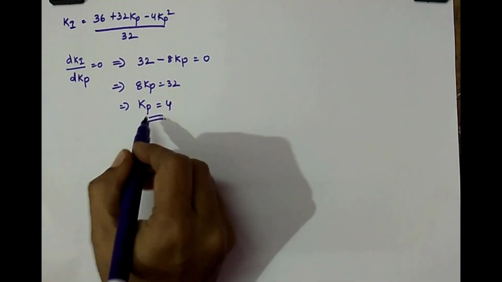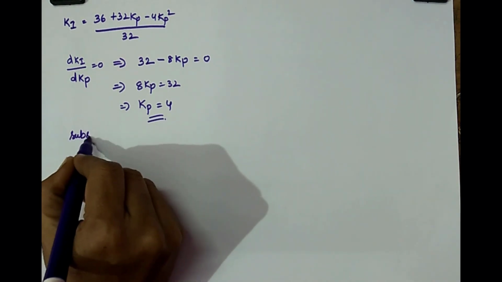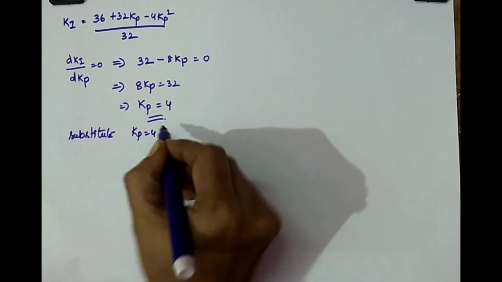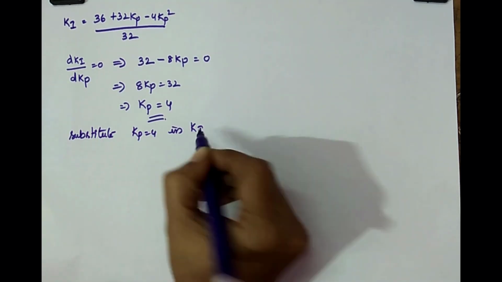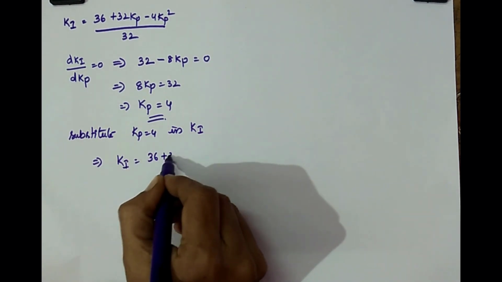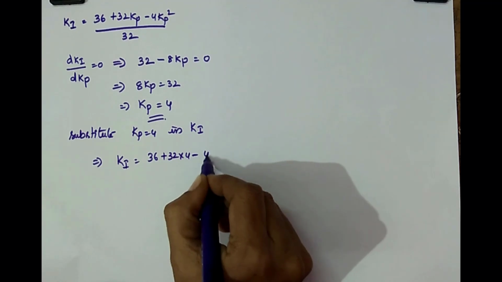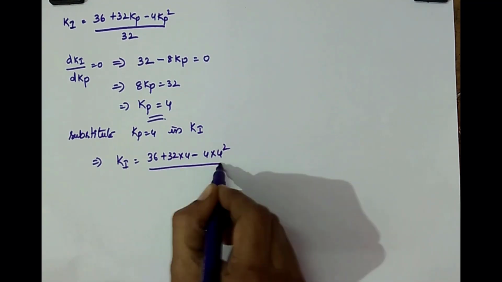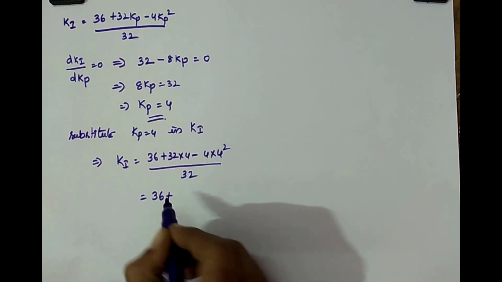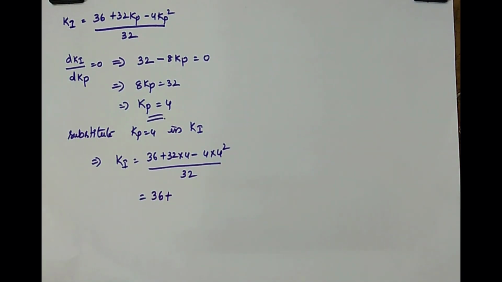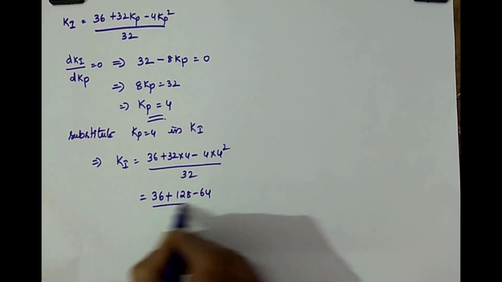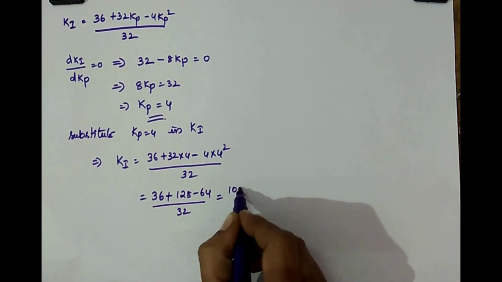Okay. So now substitute Kp equal to 4 in the Ki expression. I will get Ki equal to 36 plus 32 into 4 minus 4 into 4 square by 32. 36 plus 128 minus 64 by 32, which is nothing but 100 by 32.